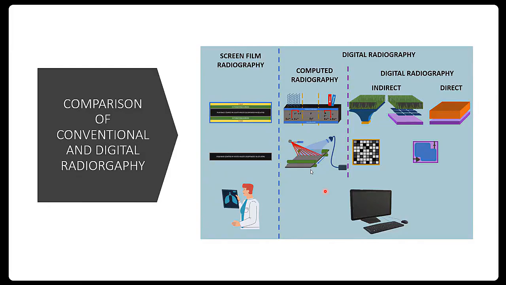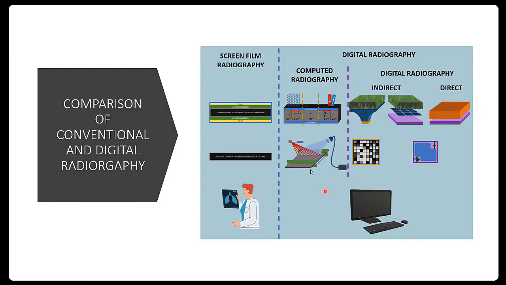So computed radiography systems had PSP plates, right? The PSP systems are the digital acquisition modality that uses photostimulable phosphor plates to produce digital projection images. So with the help of PSP plates and PSP readers, we'll get the image.